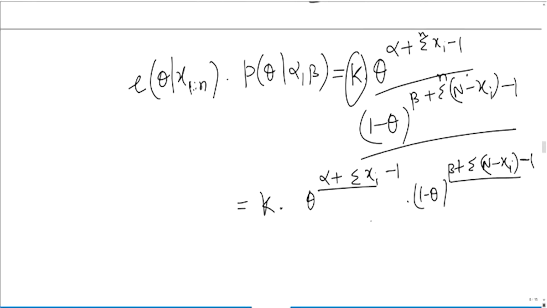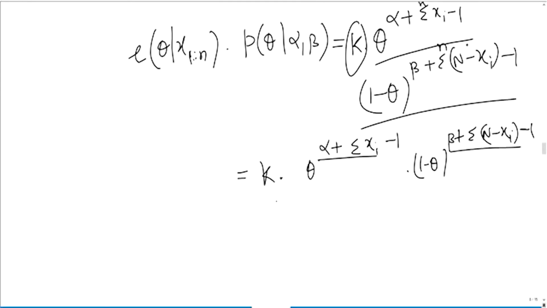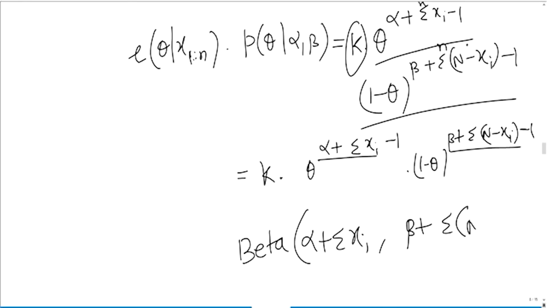Okay. This term is actually same. Basically what it is showing you is that it is the kernel of a beta distribution whose shape parameters are alpha plus summation xi and beta plus summation n minus xi. See, this is of the same form.